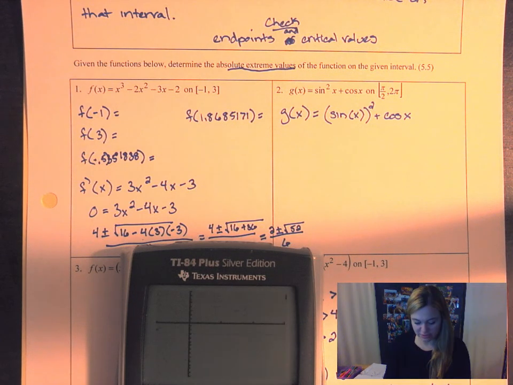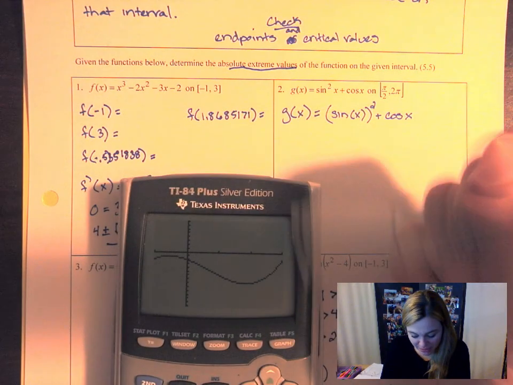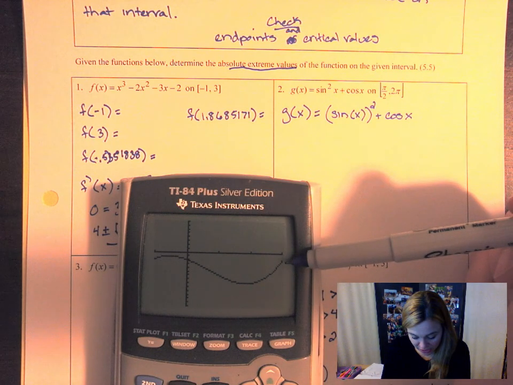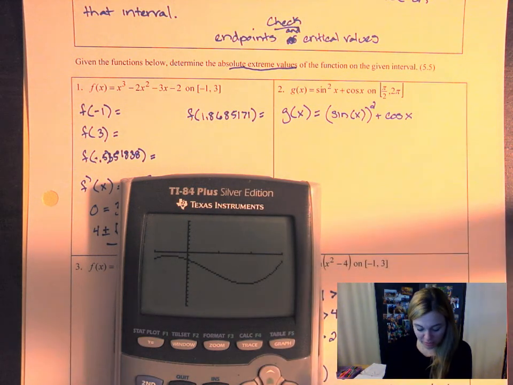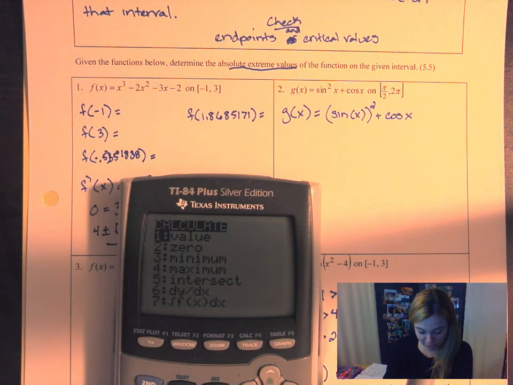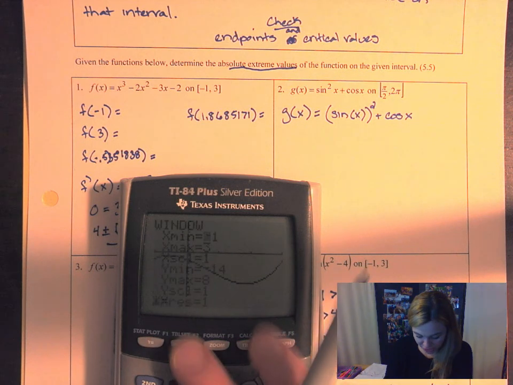If I graph this, I can see right now that if this were my original function, my absolute maximum could happen maybe here, maybe over here. It's a little bit hard to tell right now. But if I say second, calculate, and I go down and I want the value at -1, make sure my window's in the right place.